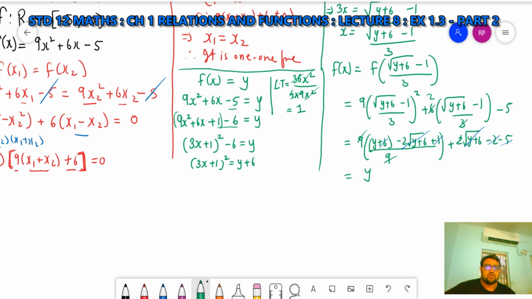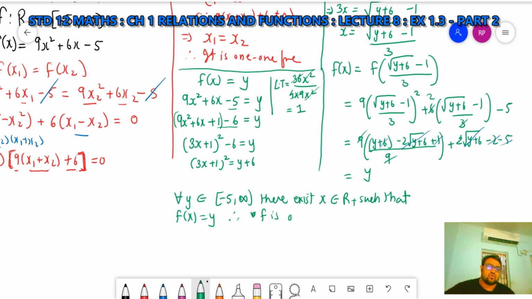Okay, so for every y belonging to the codomain, what was the codomain here? It was −5 to infinity. There exists x belonging to the domain such that f(x) equals y. Therefore, f is an onto function.